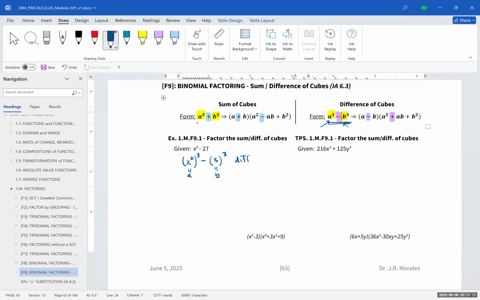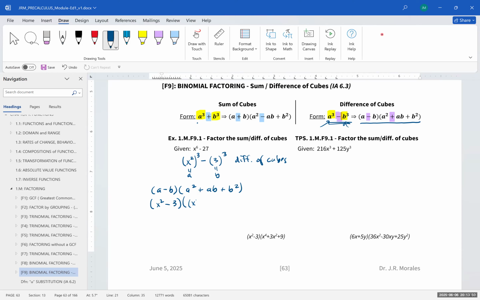Now, since we have a difference of cubes, then we're going to be able to write it in this form. We've got A minus B times A squared plus AB plus B squared. So everywhere there's an A, we can write x squared. Okay, so we're going to have x squared minus 3.